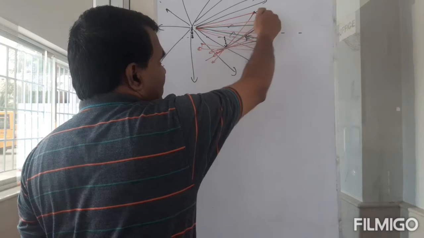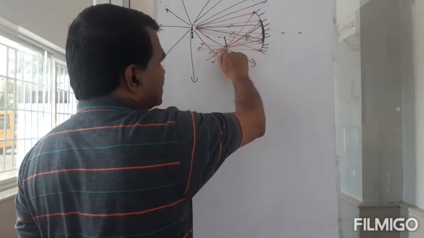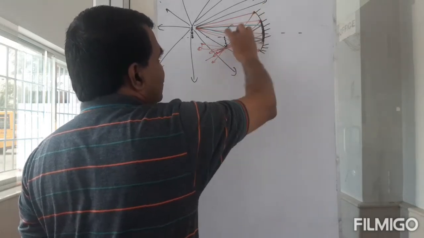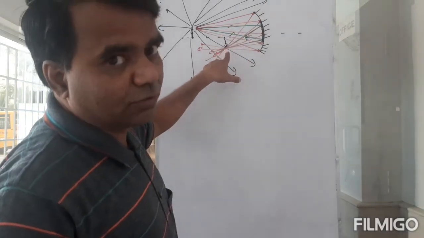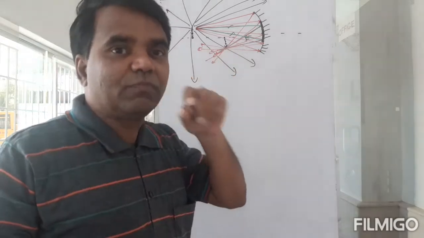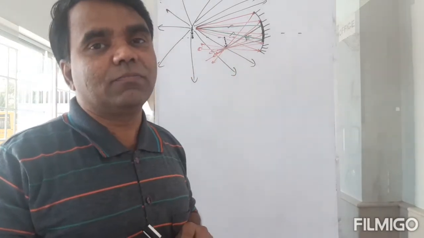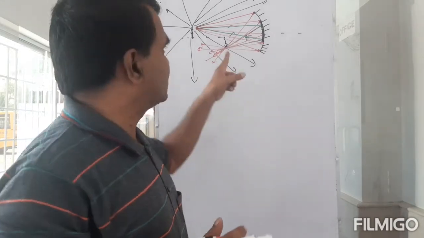But only the other rays will come and meet at this point. So you see, now you have fewer rays which meet at this point than before. So the intensity of this point will be less. The brightness will be less at this point now because I have blackened it.